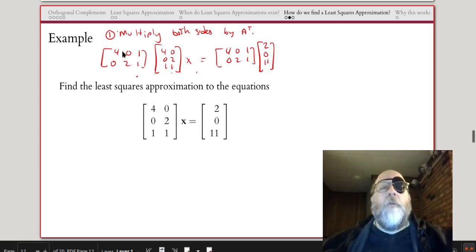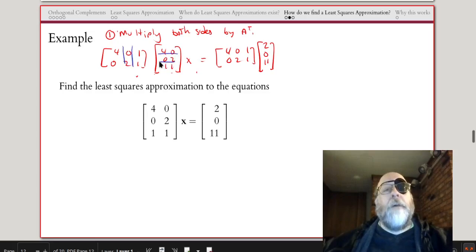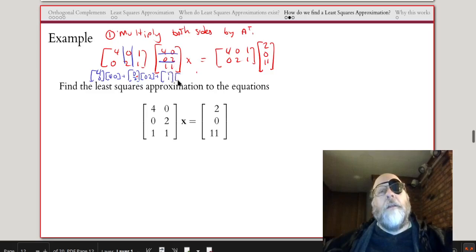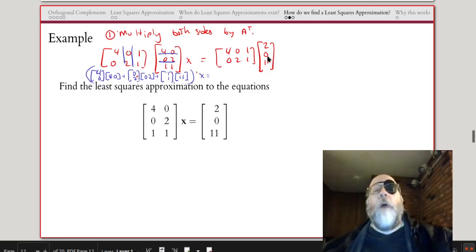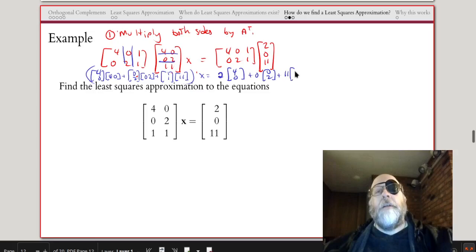On the left side, we solve this using the column row rule. Split this up into columns and this up into rows. So this is [4; 0] times [4 0] plus [0; 2] times [0 2] plus [1; 1] times [1 1], times x. And on the right side, this is just a linear combination. It's 2 times [4; 0] plus 0 times [0; 2] plus 11 times [1; 1].